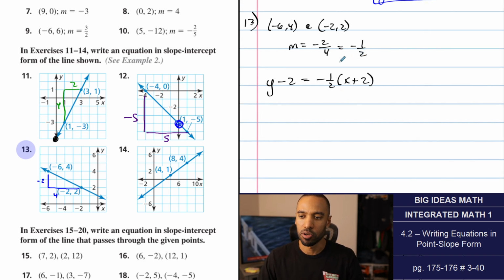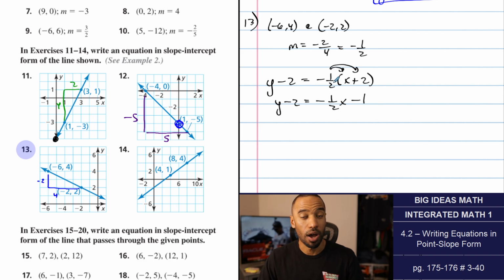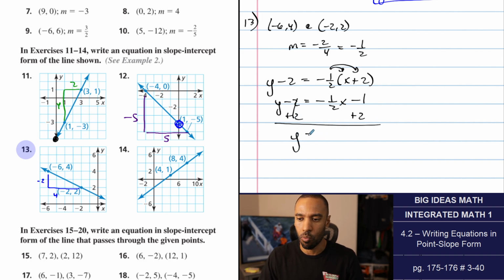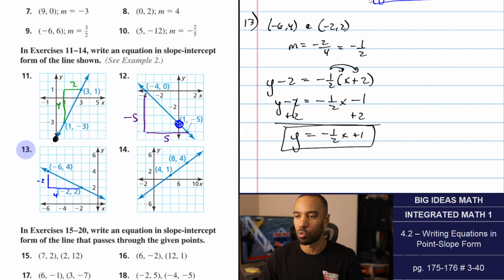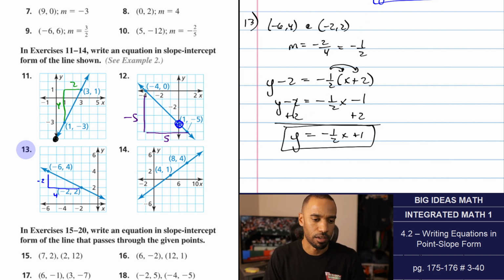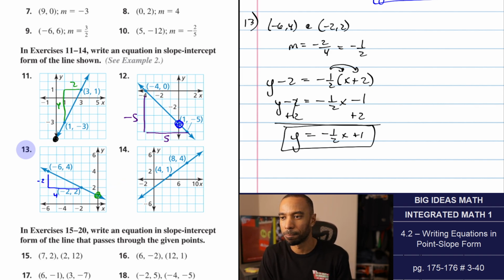To get it in slope-intercept form, we have to distribute the -1/2. -1/2 times x is, yes, -1/2 x. -1/2 times 2 is -1. Half of 2, make it negative, right? Now I get to add 2 over, and voila, we have our slope-intercept form of y equals -1/2 x plus 1. Does this graph cross at a y-intercept of 1? If not, something went wrong. Here, it does, so I feel good about it.